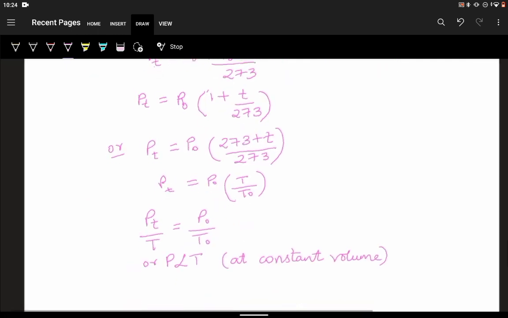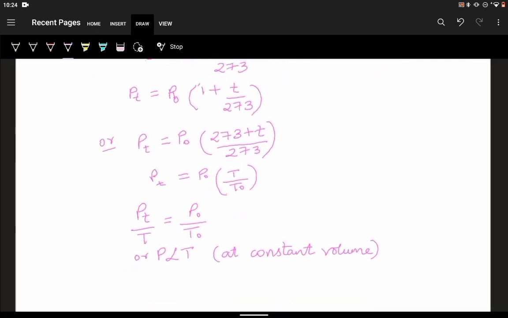By rearranging, we can cross multiply, and we get Pt by T equal to P naught by T naught. So we can say that at constant volume, P is directly proportional to T. Means at constant volume, the pressure of a given amount of a gas will be directly proportional to its absolute temperature.